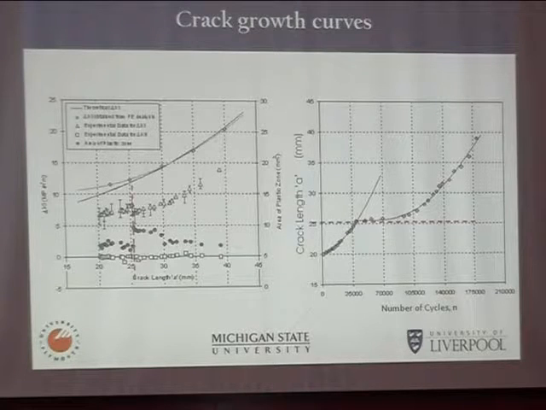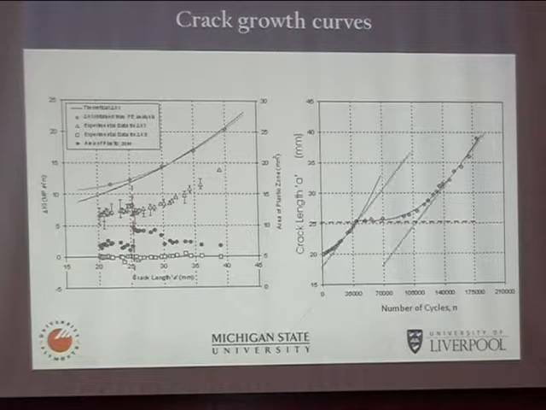So now if we look at, for the same test, crack length against number of cycles, then here's the constant amplitude piece here corresponding to what's going on over here. The overload's applied just over 25 millimeters, so you see the fall off, and then it begins to pick up again.